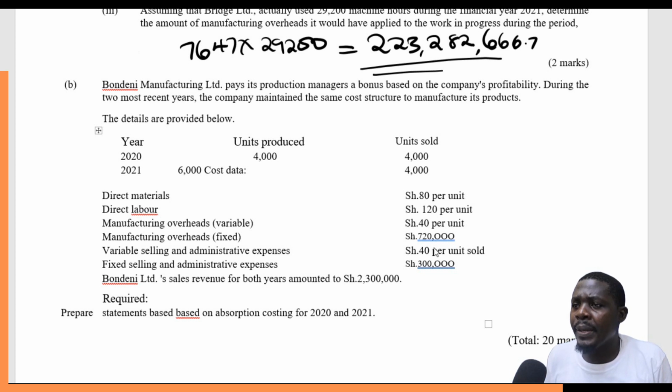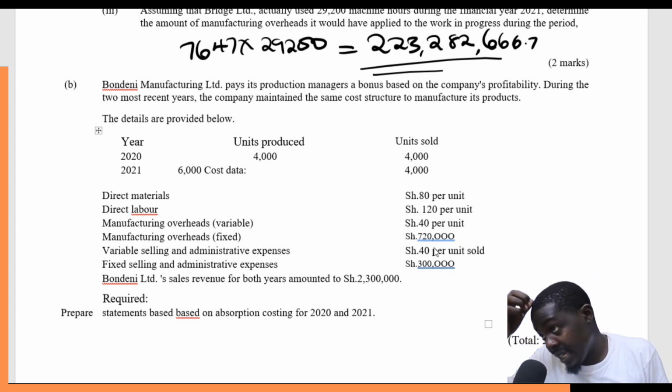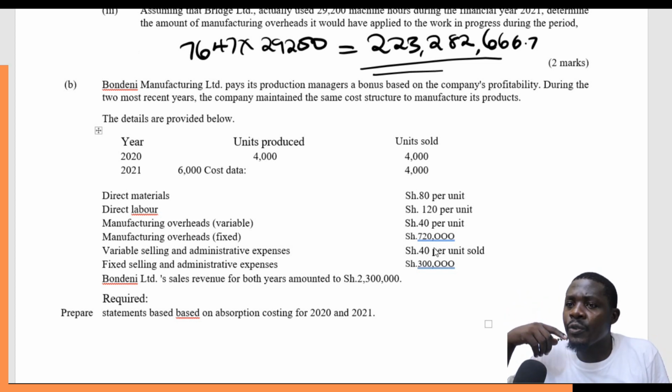And then you look at part B. Bondeni Manufacturing Limited pays its production manager a bonus based on the company's profitability. During the two most recent years, the company maintained the same cost structure to manufacture its products. The details are provided below.